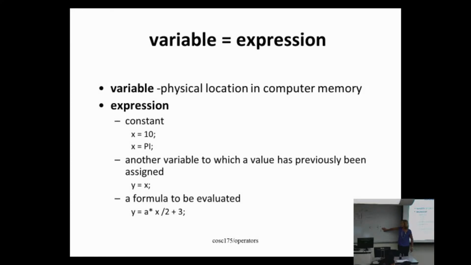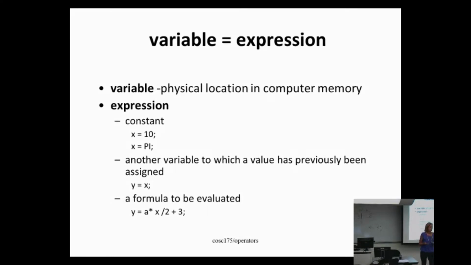Okay, well, x is in memory at this point in time. So what's going to happen is that the 3 will get in the memory location, which we know is actually a 1, 1, but we're not going to do binary anymore because we know how to do binary. So I'm just going to put a 3 here, and everybody's going to assume that the binary equivalent of 3 is there.